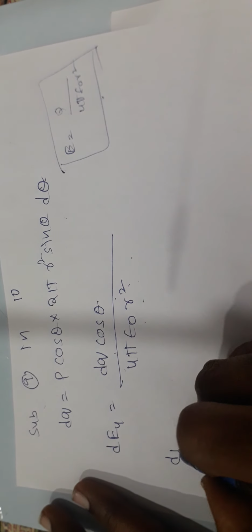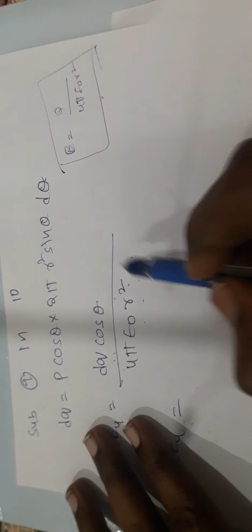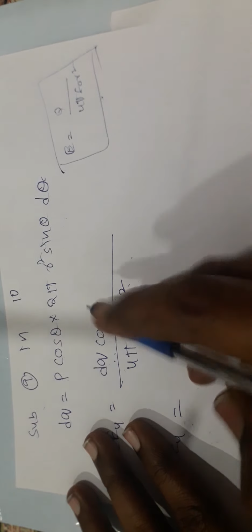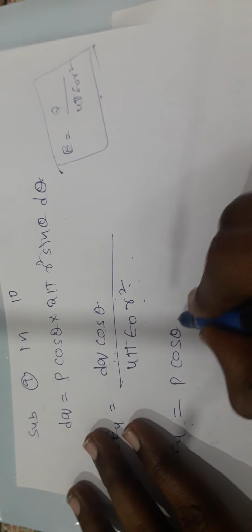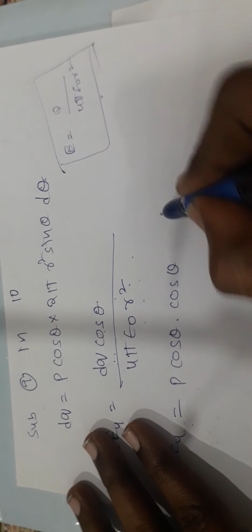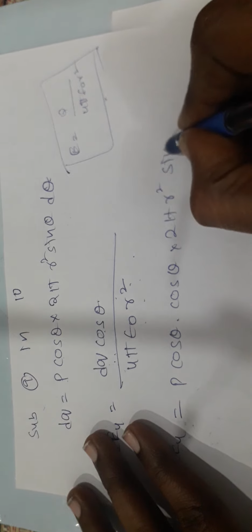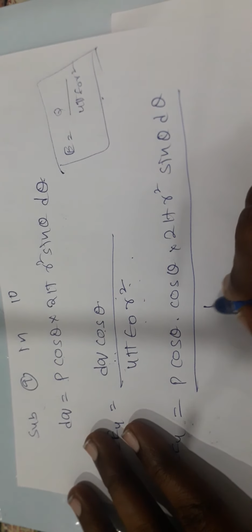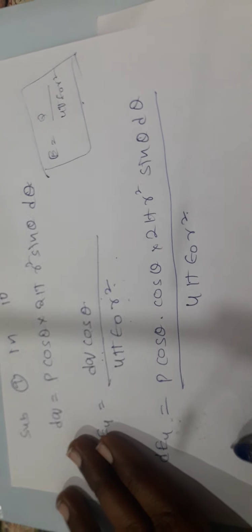Next, dE4 equals dq. We already know the formula, so we substitute dq here: P cos theta, again cos theta is there, cos theta into 2 pi r square sin theta d theta by 4 pi epsilon naught into r square.